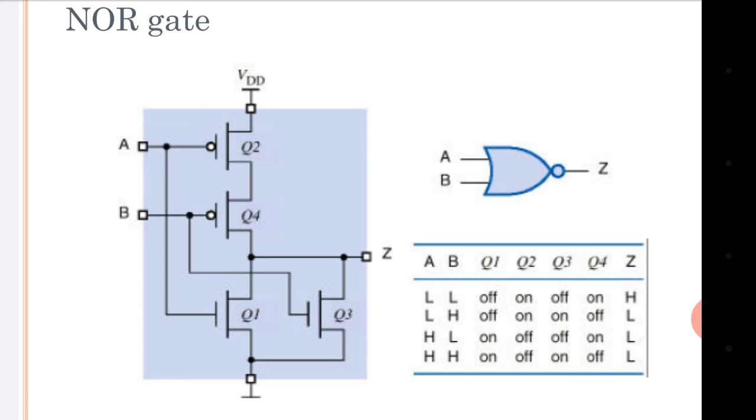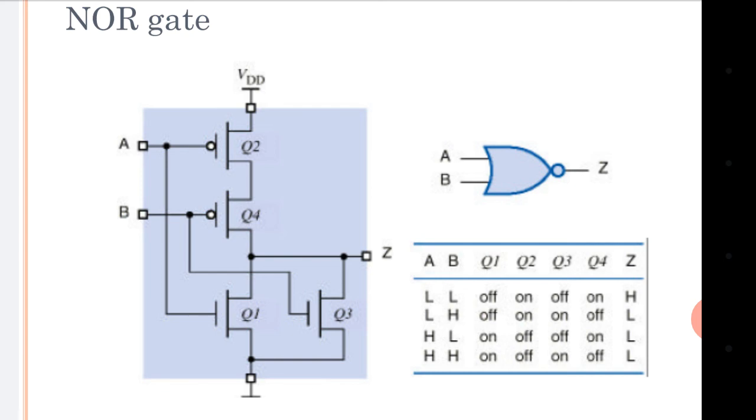When any one of them is low and the other one is high, let us take the condition when A is low and B is high. Whenever A is low, that means your PMOS will become on, that is Q2 will become on, and Q1 will become an open switch, that is off. And B is high, that means Q4 will become off and Q3 will become on.